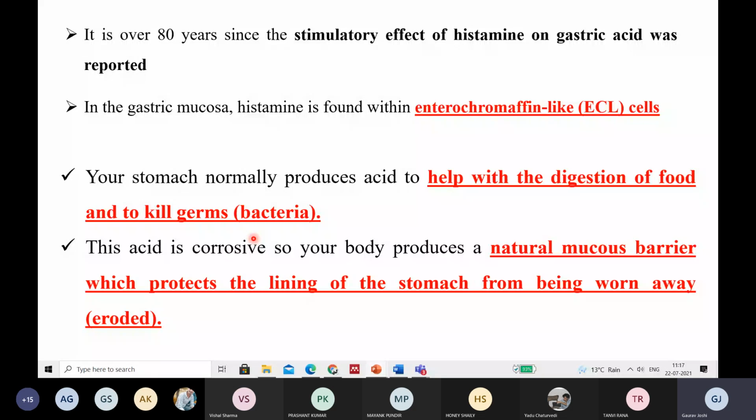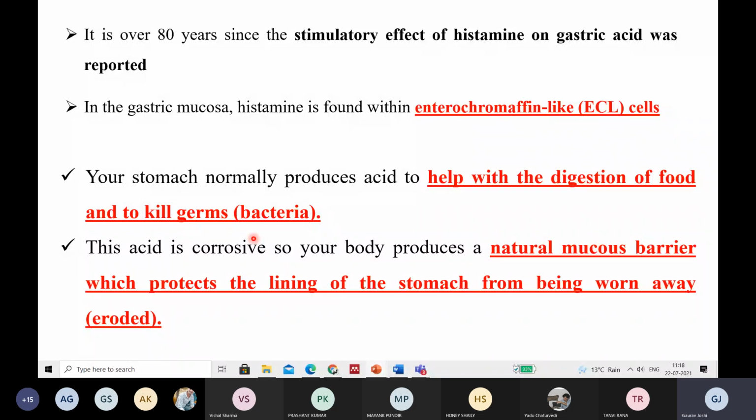Now there could be a question. Acid is very corrosive and can damage anything. Acid with a pH of 2 to 3 can damage skin and other things.